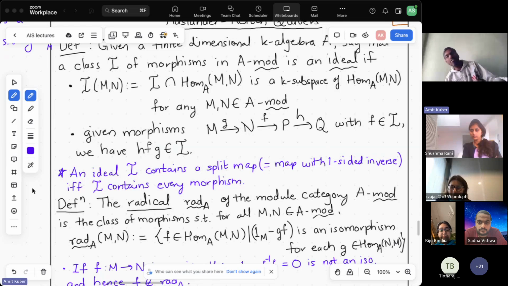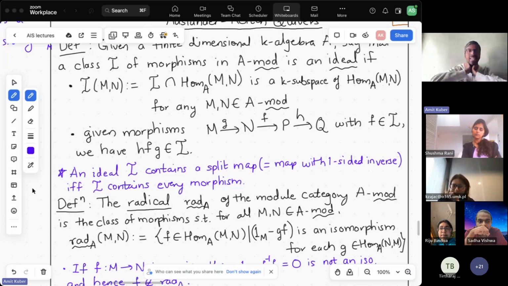Right. So you are saying if M and N are not there, you take any Z. So we have concluded that any morphism which has an endpoint at M is there.